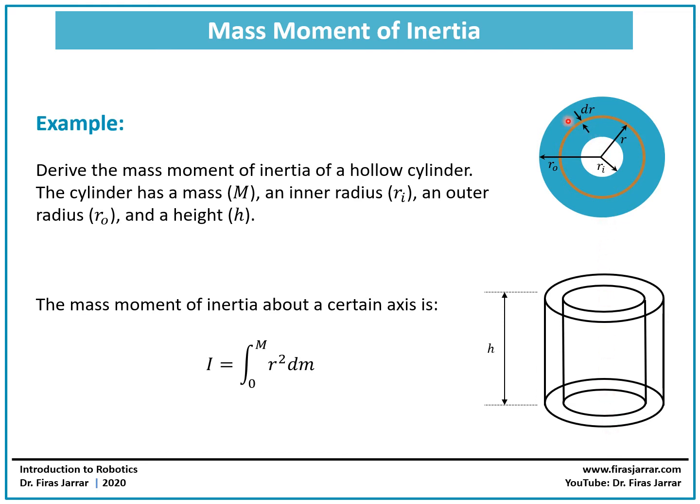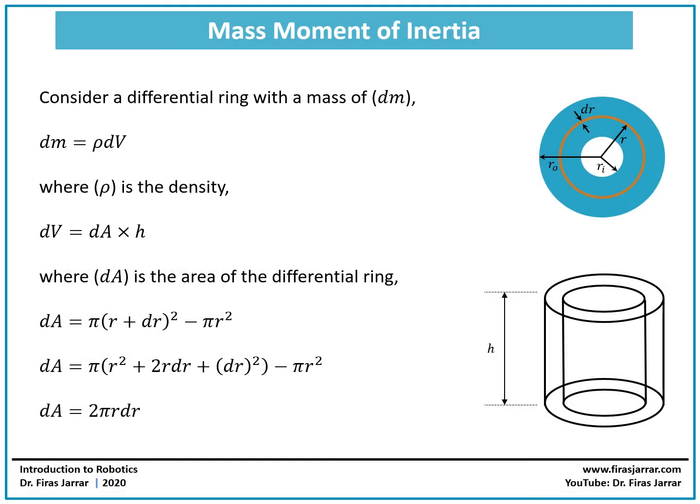And we will start by considering a differential ring, one shown here in orange. This ring will have a thickness of dr, and it's at a distance of r from the center. This ring will have a mass of dm, and this is going to be equal to the density times the volume of the ring.